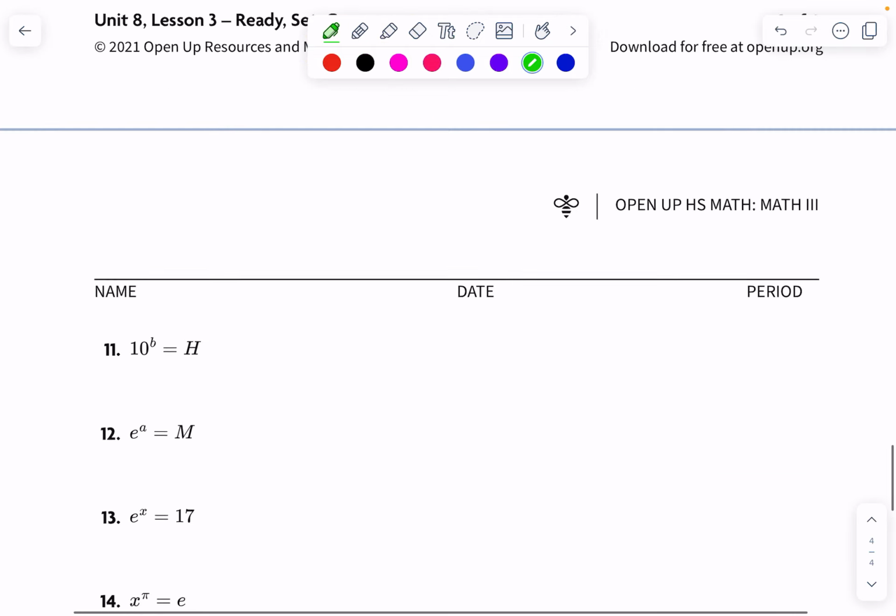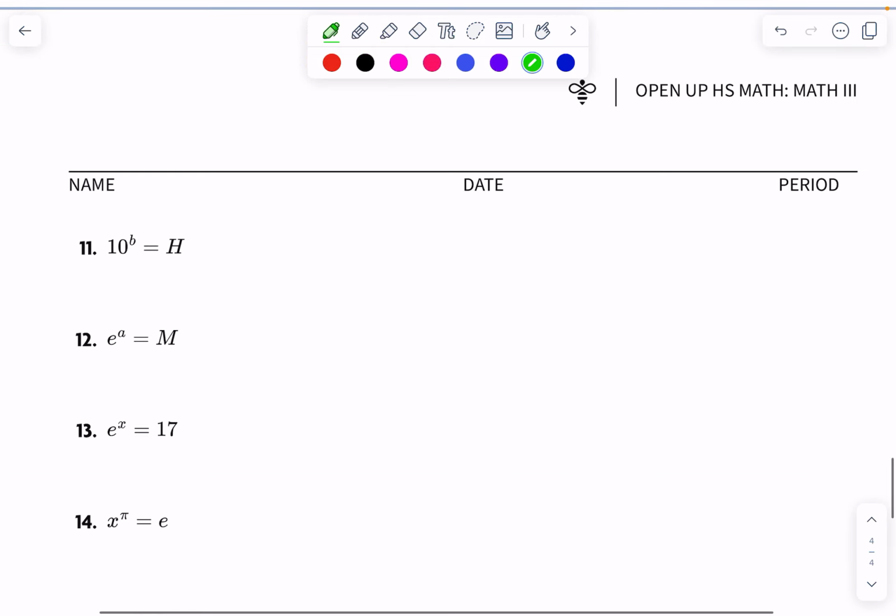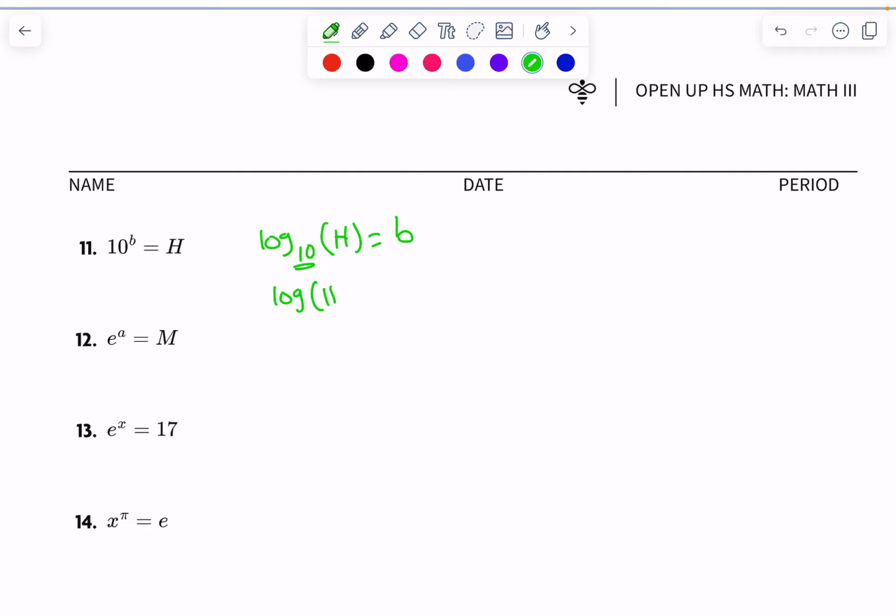Good. Number 11, so another base 10. Are we going to be scared because there's just a bunch of variables? No, we're not. So log base 10 of h equals b, just so we can know that. And again, like I said, you don't have to write the 10. So log of just h equals b. This is kind of what I would want you to write it as.